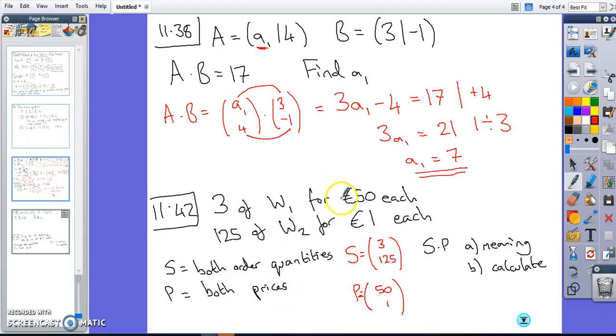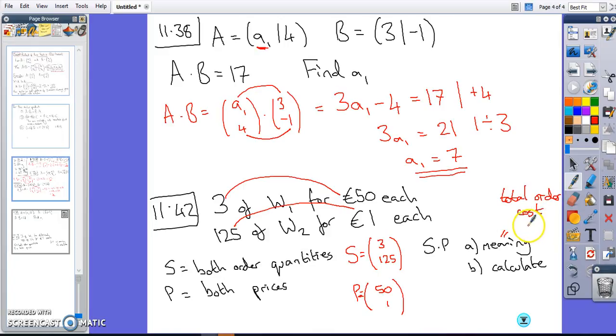Well, what do we get if we multiply 3 times 50 here? 150 euros would be the total cost of ordering these 3 items, and 125 times 1 would give us the total cost of ordering these 125 items. So actually, the meaning of S dot P is the total order cost for all of the items.